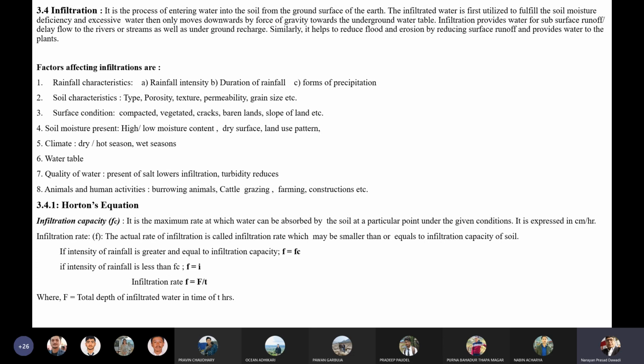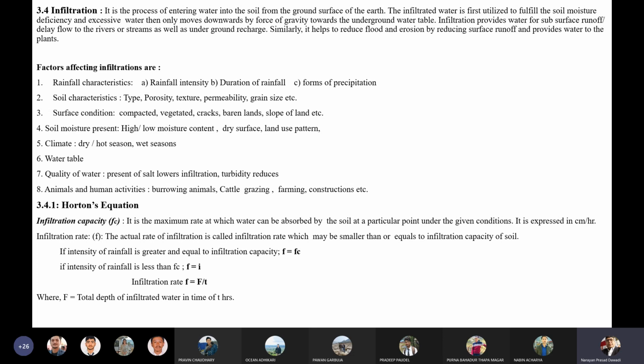Then it tries to run towards the river or stream. So the infiltration rate will be high in that case compared to heavy rainfall.